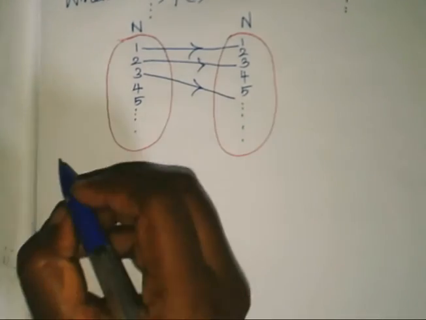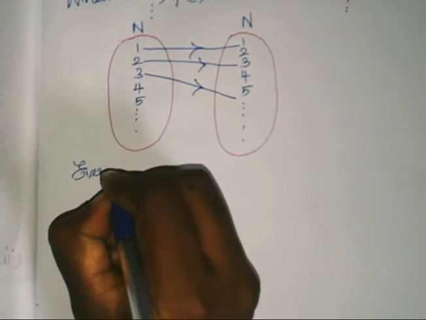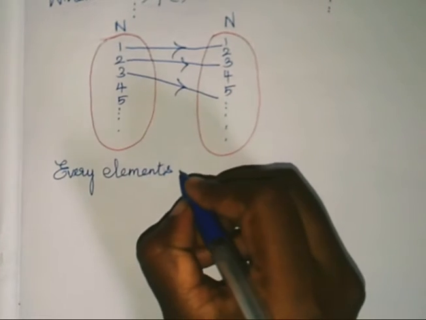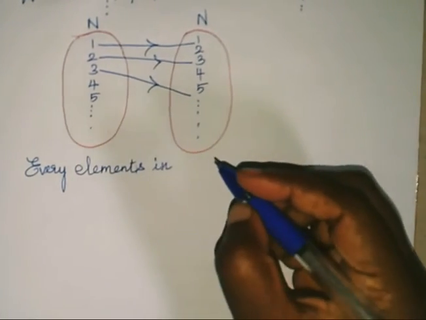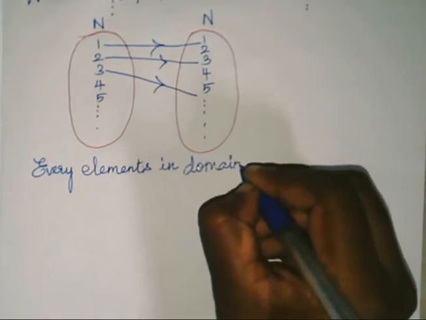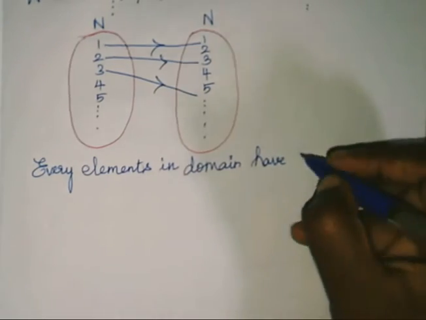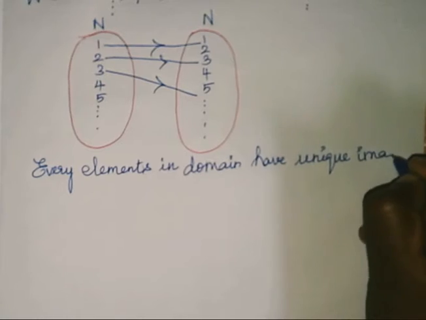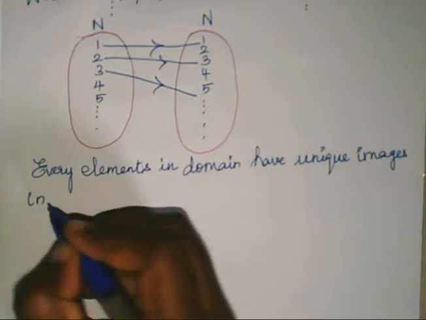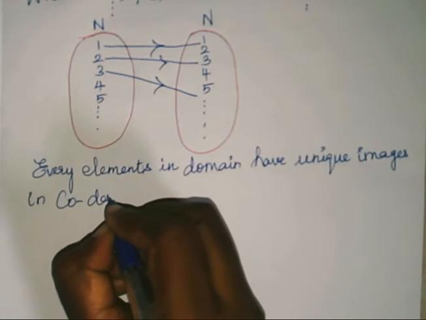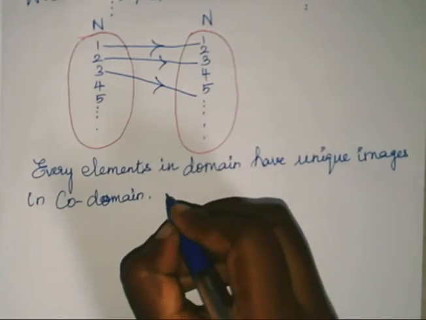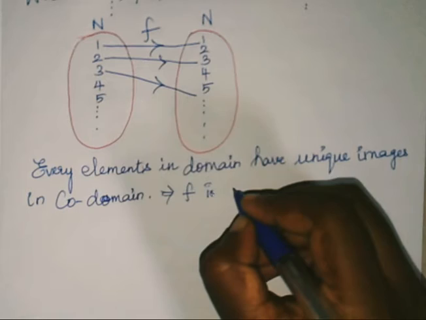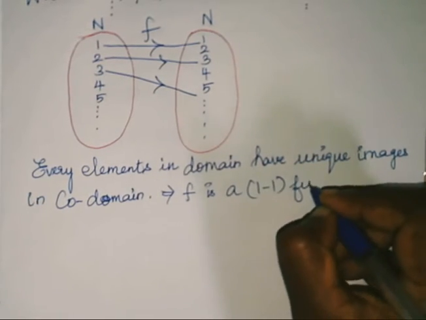Every element in the domain has only one image, different images, unique images in the codomain, which implies this given function f is a one-to-one function.